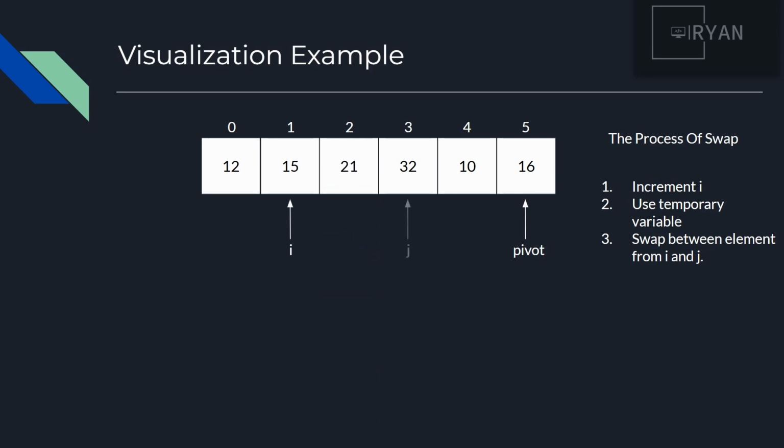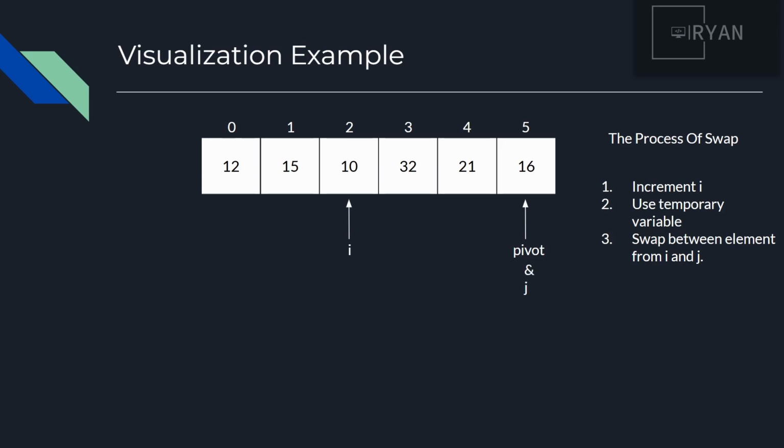J gets incremented. 32 against 16. Nothing. We will do nothing. Now it's 10 against 16. 10 is less than 16. We will perform another swap. I gets incremented. Two elements get swapped, 10 and 21. J will get incremented as well.